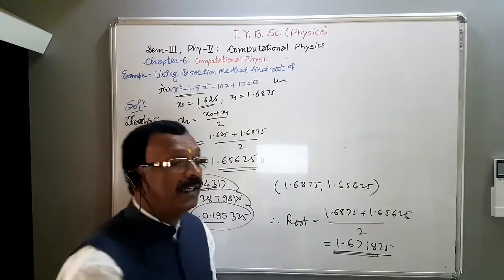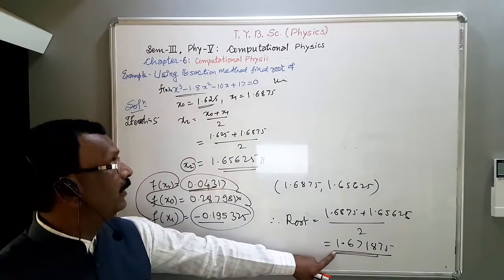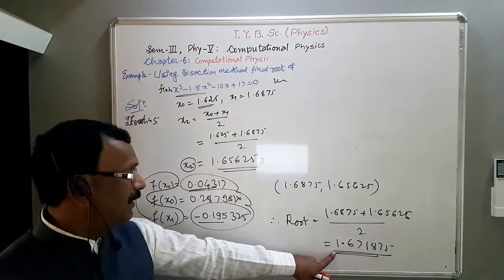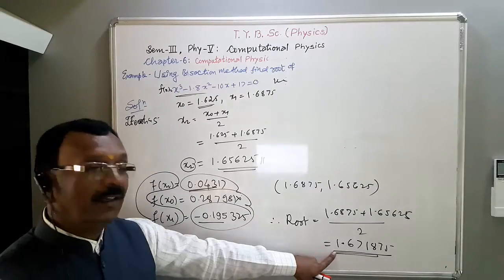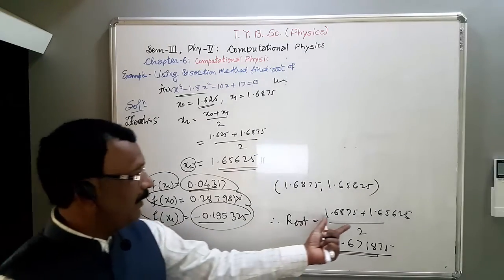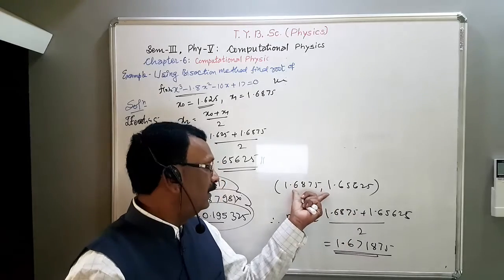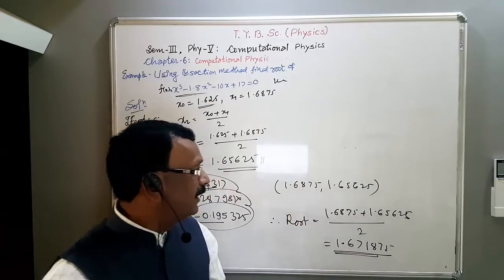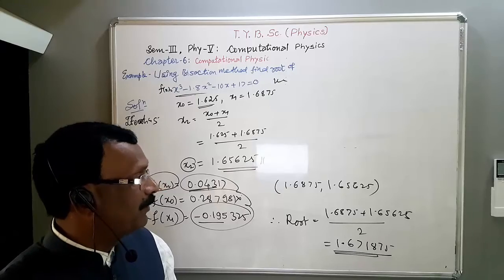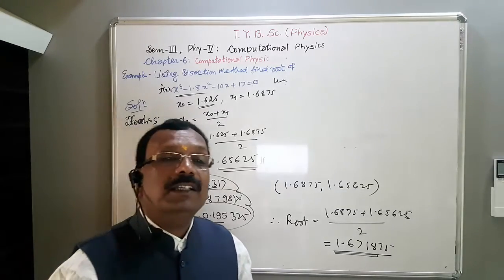Obviously after 5 iterations, this is the root of the given function, which lies in between the latest interval 1.6875 and 1.65625.